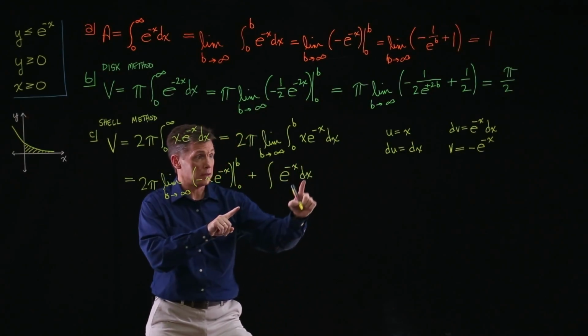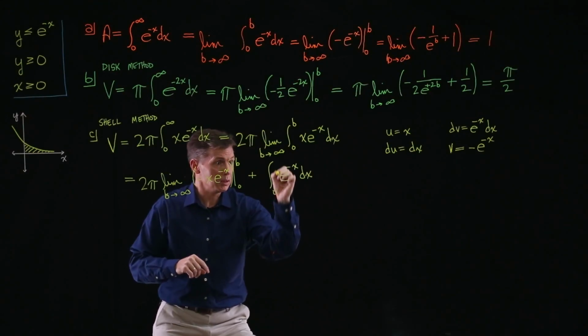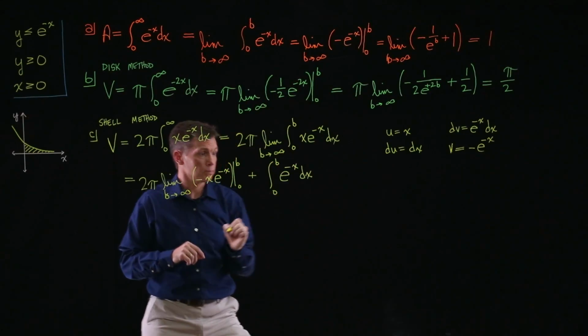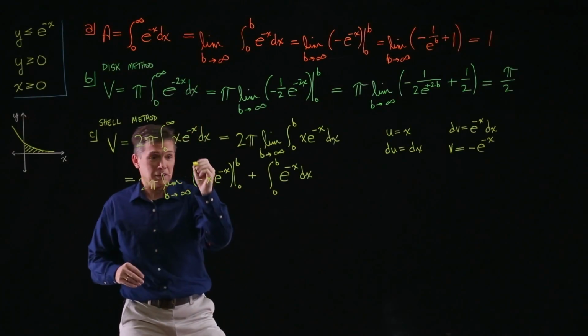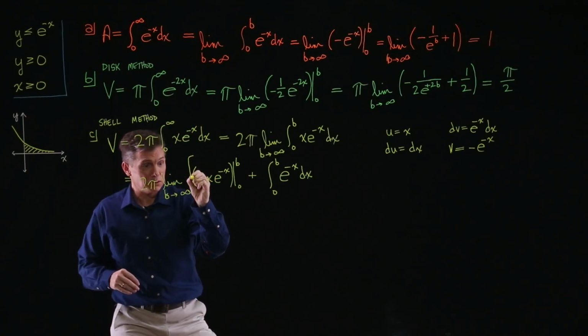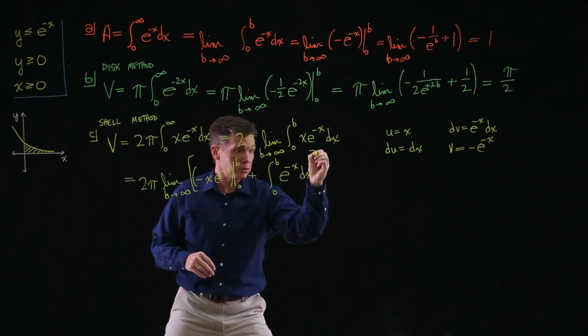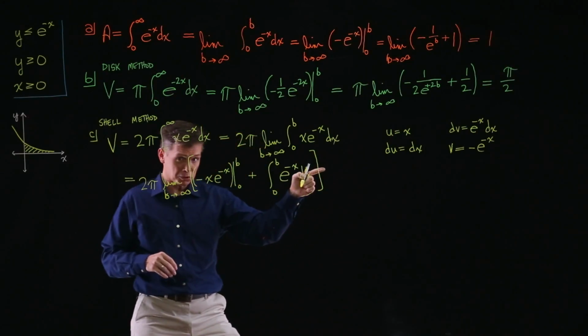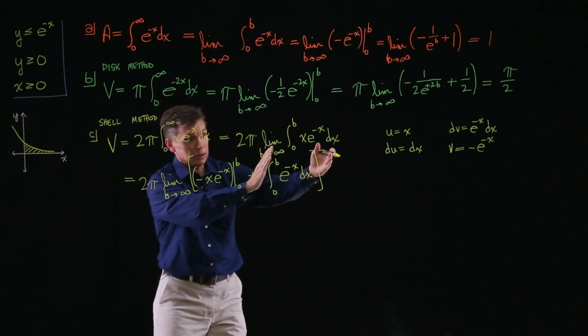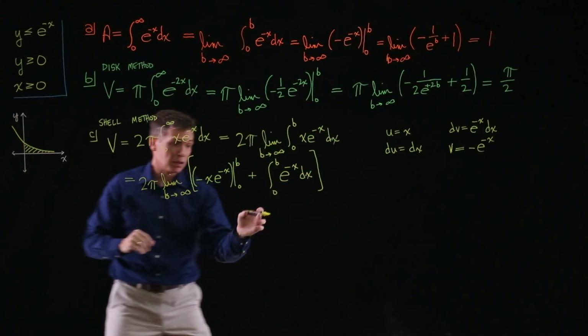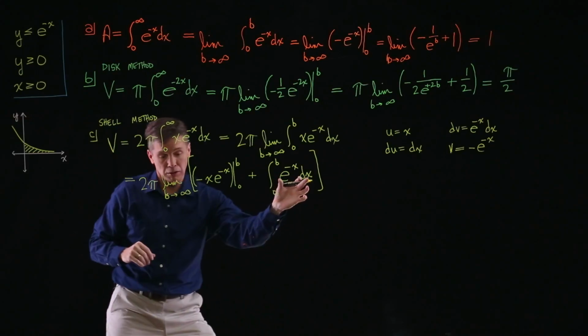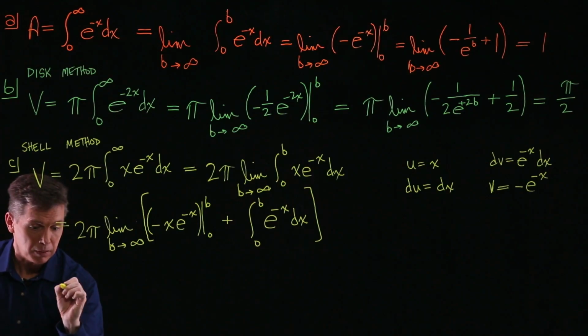This integral still has the limits from 0 to b. In order to keep organized here, everything inside the square braces is resulting from our integration by parts work and is all still inside my limit that I'll have to do here. Before I'm ready for my limit, let's actually do this integral. That one's not too bad.